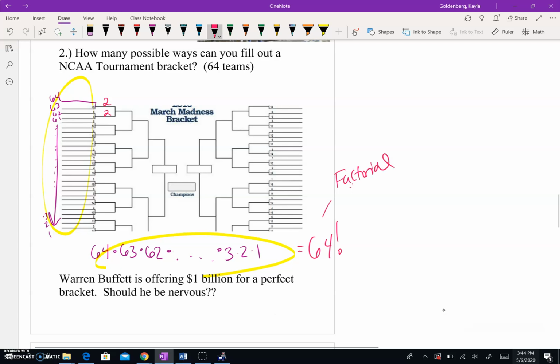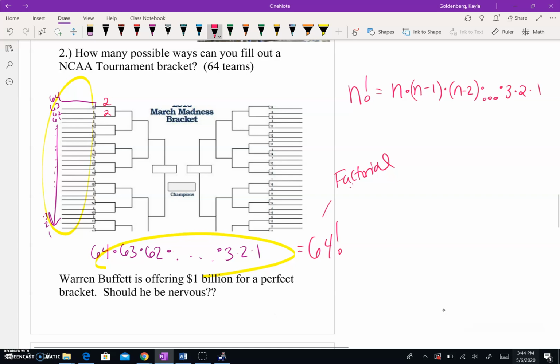And a factorial just represents taking the number and multiplying it continuously by the number one smaller than that, one smaller than that, until you get to 1. The mathematical way to write it out would be n factorial equals n times n minus 1, times n minus 2, whatever is 1 smaller, 2 smaller, times dot, dot, dot, times 3 times 2 times 1, if you will.